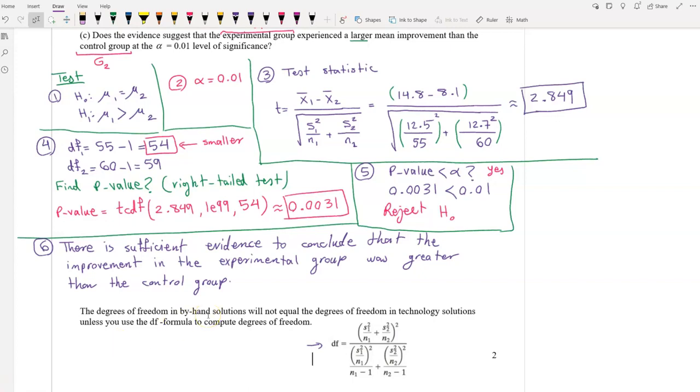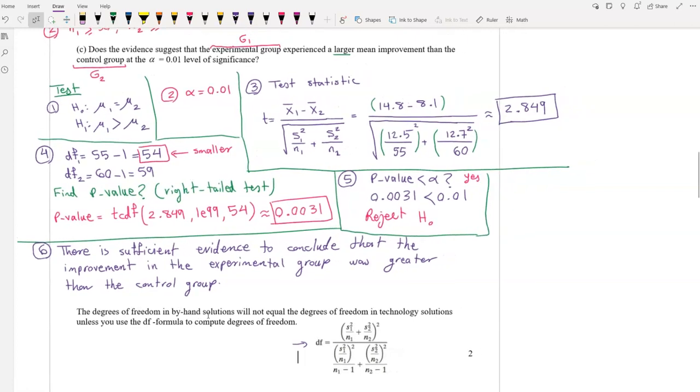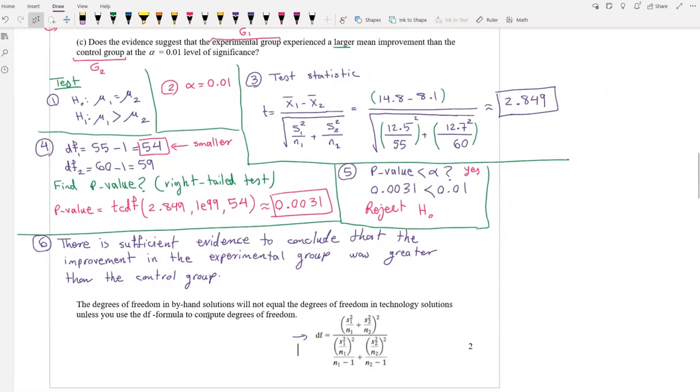So for that part, the function that we can use on TI-84 is an exam. If your exam is on paper, just use these steps, exactly these steps, but you can use this one for online assignments, like homework or quizzes. And also to make sure that your answer for t is correct, you can double check using this function.